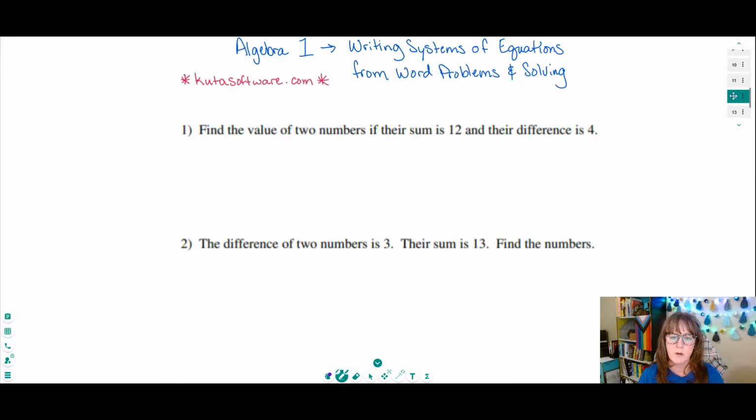We've got our Algebra 1. We're writing the systems of equations. This one is a really challenging skill for students, to take it from word problems and actually write out and solve systems of equations.